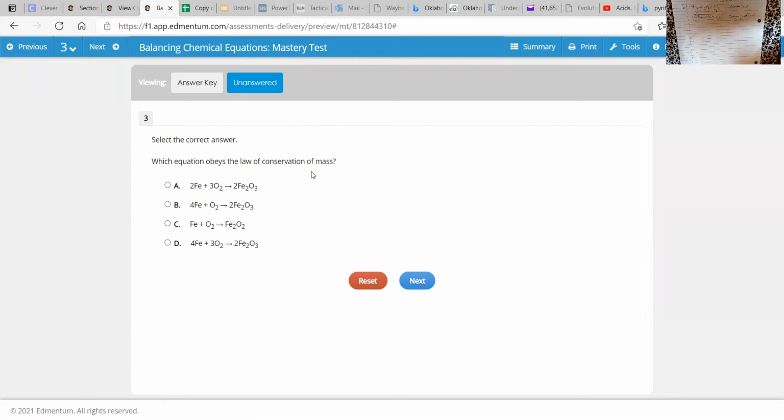Which equation obeys the law of conservation of mass? This just means which equation is balanced. So think of conservation equals balanced.